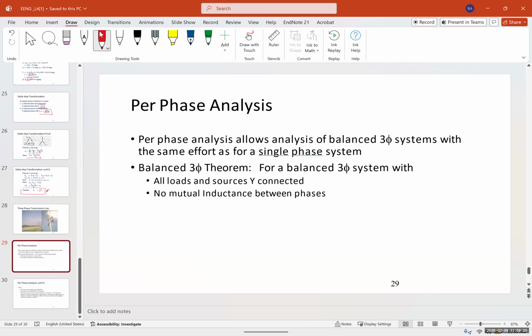Balanced three-phase theorem: for a balanced three-phase system with all loads and sources Y-connected, so if you have a delta connection, you have to convert it to Y connection, and no mutual inductance between phases. In reality, we have mutual inductance between phases, but for per-phase analysis, we neglect that. It's very small, by the way.